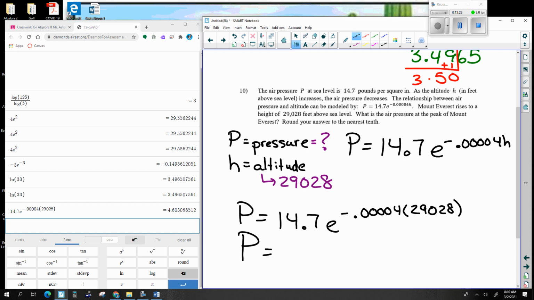That means our pressure is equal to the 10th, that's the first decimal, 4.6, and pressure is measured in pounds per square inch.